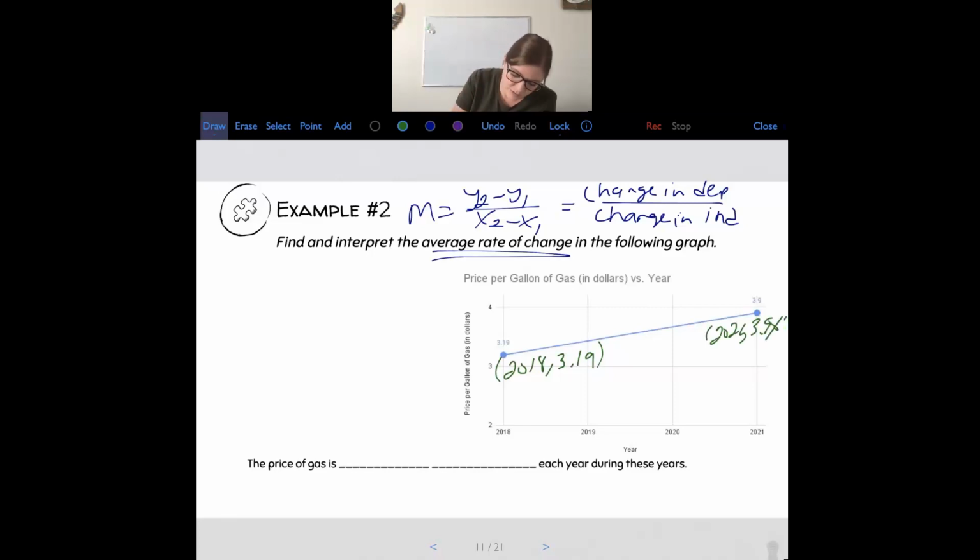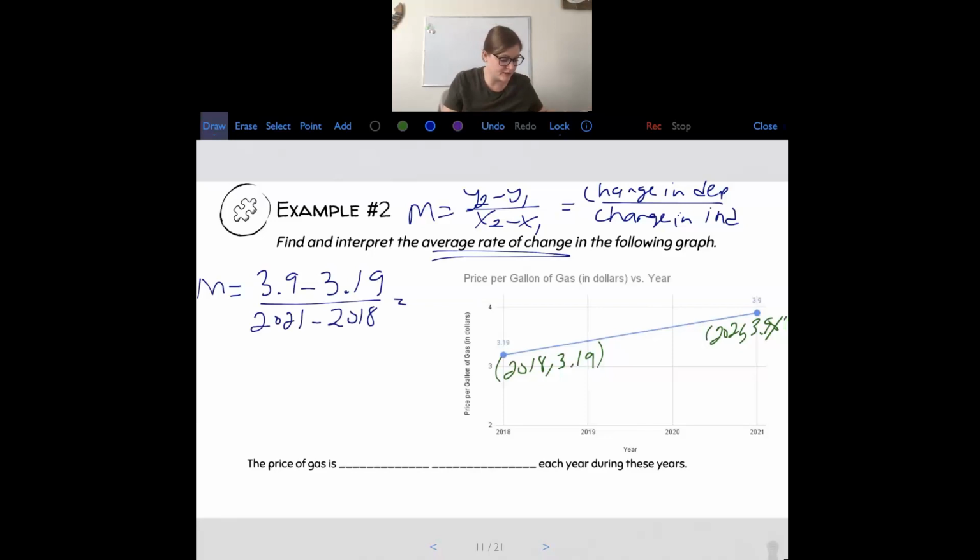So what we can do then is plug this into slope. y2 is 3.9 minus y1, which is 3.19, over 2021 minus 2018. If we put this in, 3.9 minus 3.19 is 0.71, divided by 3.